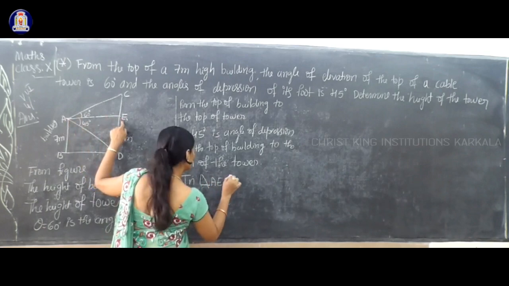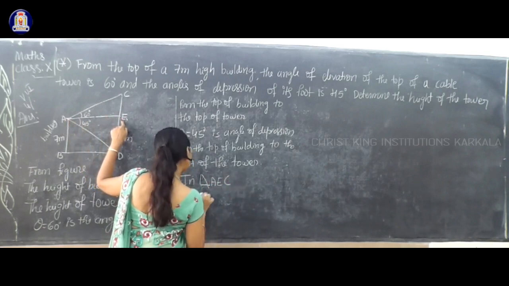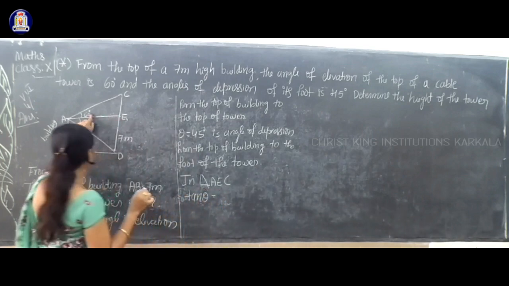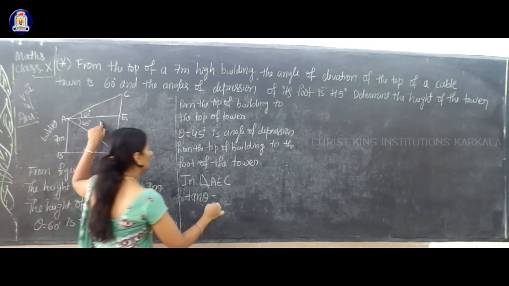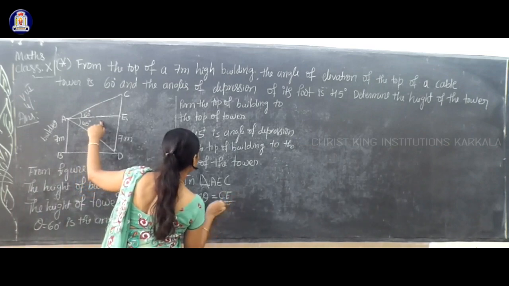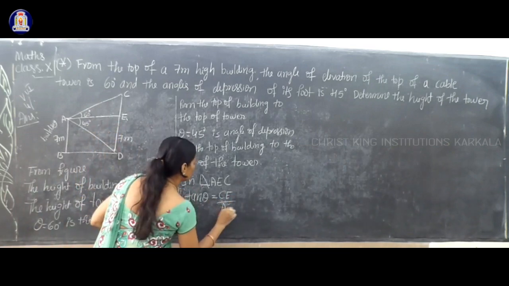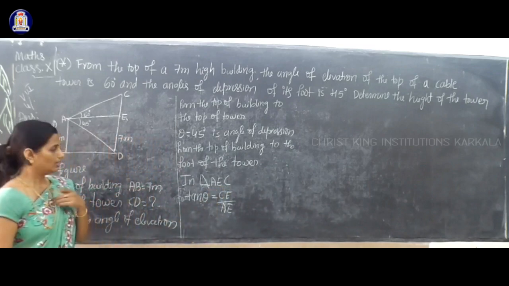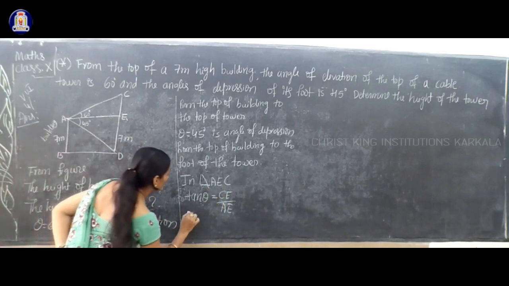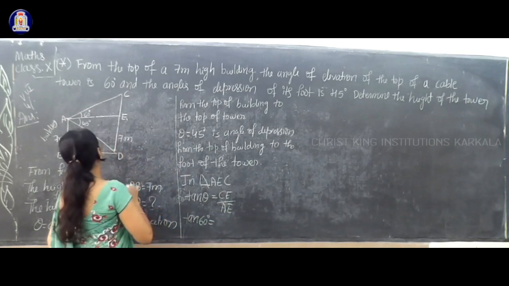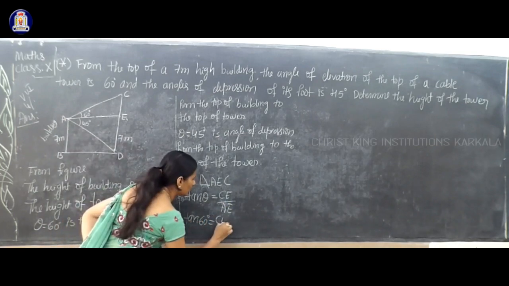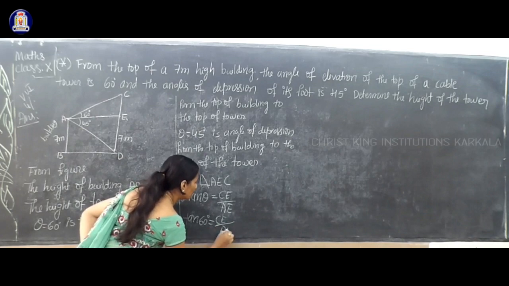AEC. Tan theta is equal to, this is theta, opposite side, hypotenuse side, adjacent side. So tan theta is what? Opposite side divided by adjacent side, AE. Tan 60 degree is equal to CE, it is not given, AE is not given.